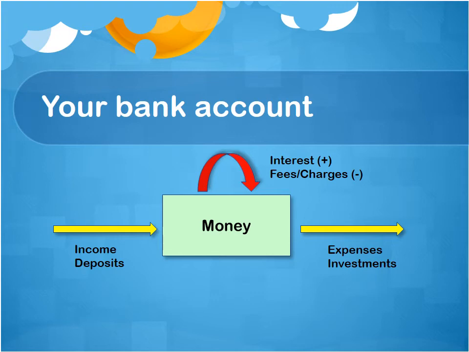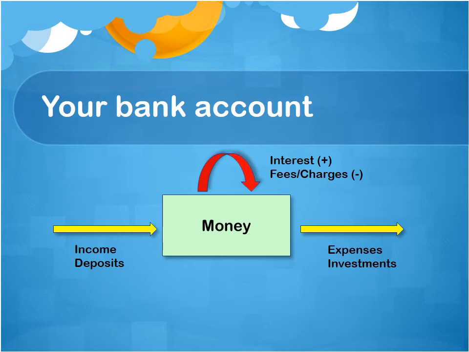And for the most part, your income and your deposits may be independent. Your salary, it's not really dependent on the amount of money you have in your bank account. But if you look at other things, like interest and fees and charges, they add or subtract from the bank account, those might be dependent on the amount of money that you have.